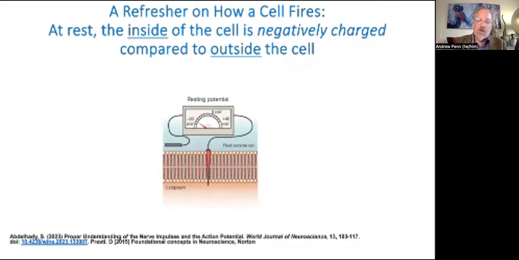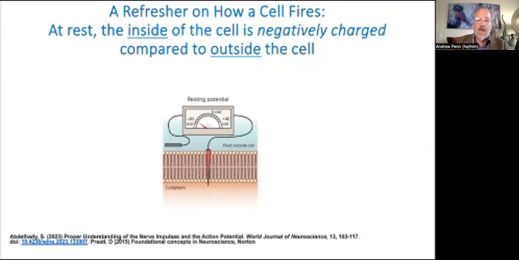So really, you've got these positively charged ions outside the cell, waiting to come in. They're like people waiting to rush into a department store on Black Friday, if you will. So they're going to go down the concentration gradient if they're given a chance. They'll go from an area of higher concentration to an area of lesser concentration.